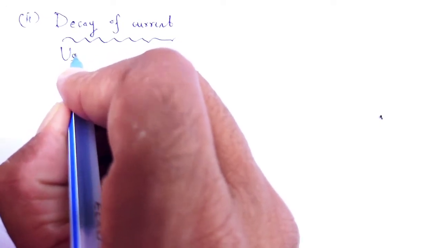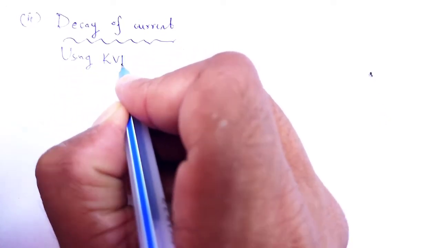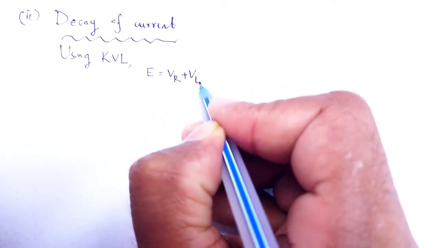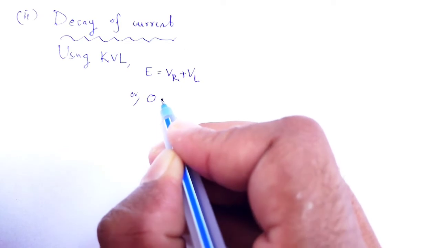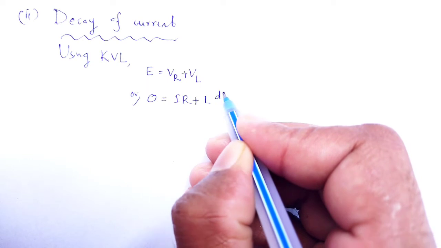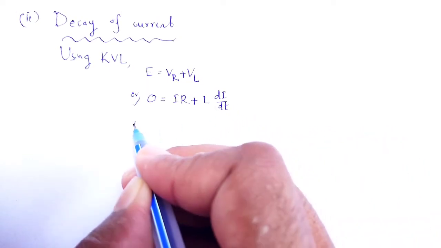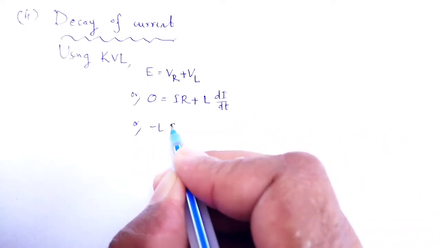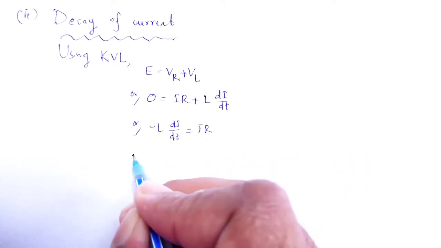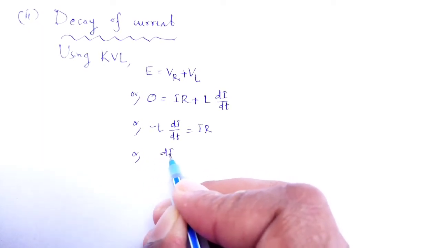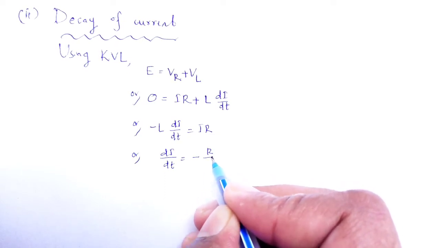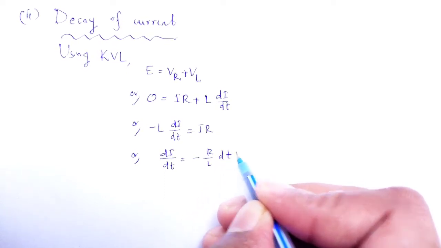Using Kirchhoff's voltage law in that circuit, E is equal to VR plus VL. Here E is equal to 0, VR is equal to IR plus VL is equal to L di by dt, or minus L di by dt is equal to IR, or di by I is equal to minus R by L dt.